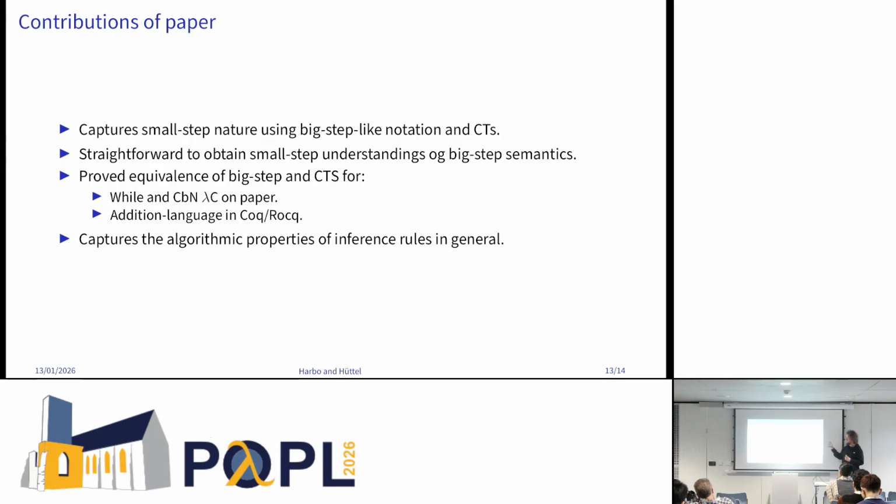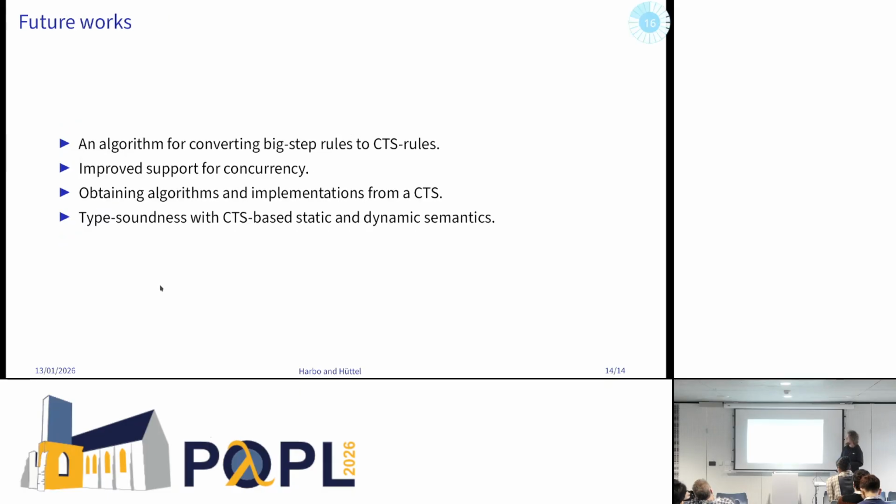We have also proved that for the three cases that we've covered, the resulting CTS is equivalent with the original big step semantics, and we've also shown you how CTS can capture other kinds of relations other than operational semantics or transition relations. In the future, we would like to make this systematic conversion approach into an actual algorithm, so we don't need to do it by hand.